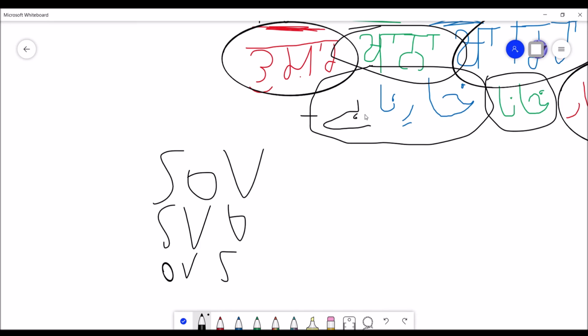You could also actually do object subject verb: Khana Tushar kha reha hai. You could say that. But if you had to go by this, this would be the most normal, this would be the second most normal, third most normal, this would just be weird.